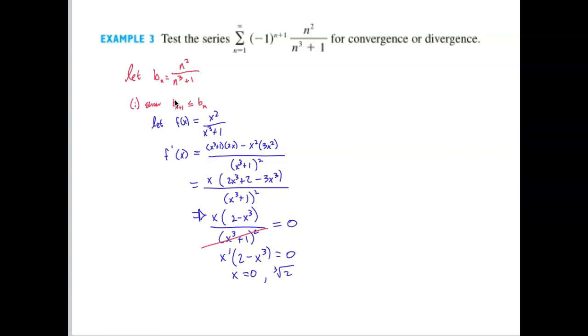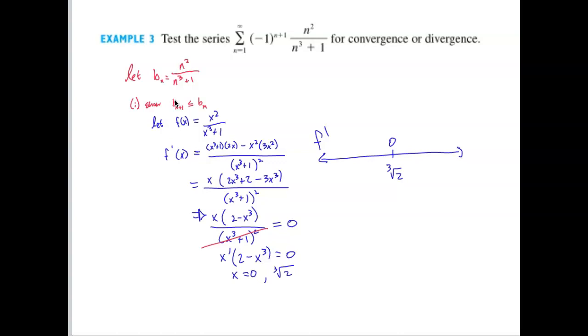And for us, we don't care about the 0, because x is replacing n for us in this case, and n is always positive, right? I don't really care what's going on to the left of 0, but I do care what's going on around the cube root of 2. So I want to know where f prime is positive versus negative.